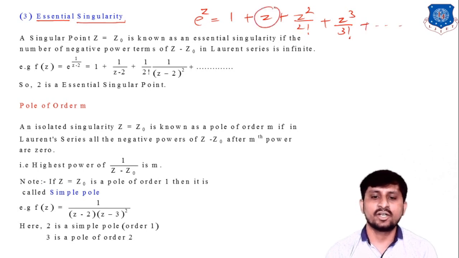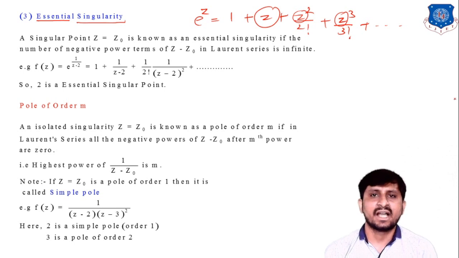Now instead of z, just put 1 upon z minus 2, because I want to make the series for e raised to 1 upon z minus 2. So we get 1 plus 1 upon z minus 2 plus 1 upon 2 factorial 1 upon z minus 2 whole square plus and so on. And clearly 2 is an essential singular point, because there are infinitely many terms of 1 upon z minus 2, 1 upon z minus 2 whole square, 1 upon z minus 2 whole cube.